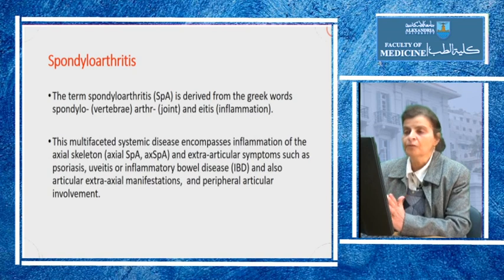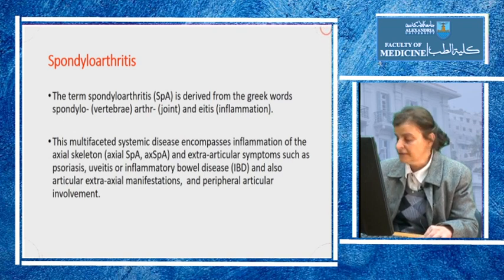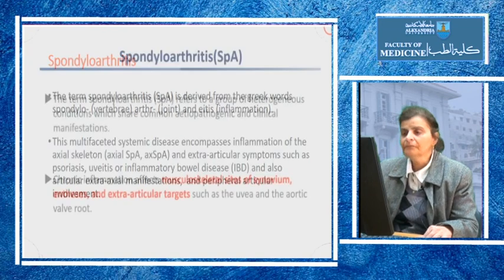From now on, SpA will stand for spondyloarthritis. It also includes extra-articular symptoms such as psoriasis, uveitis, inflammatory bowel disease, and also other articular extra-axial manifestations and peripheral articular involvement.